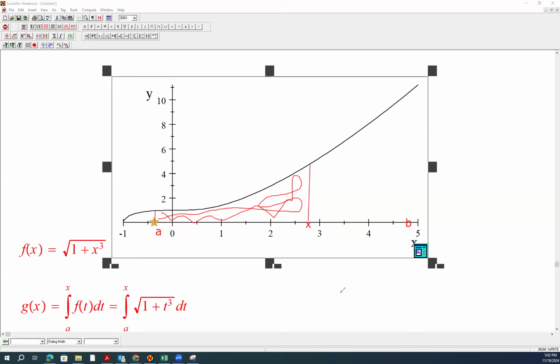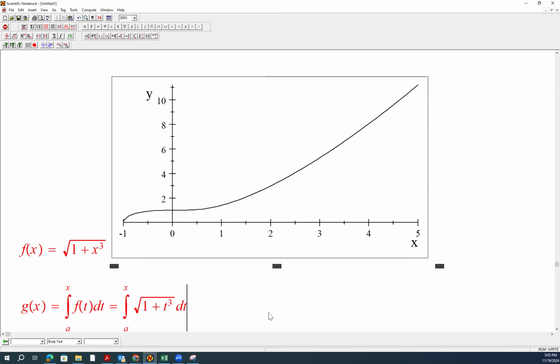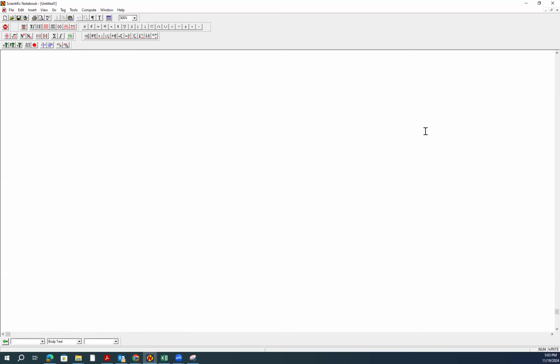Although we cannot find what g is, the Fundamental Theorem of Calculus part 1 can tell us what g prime is, what the derivative of g is.